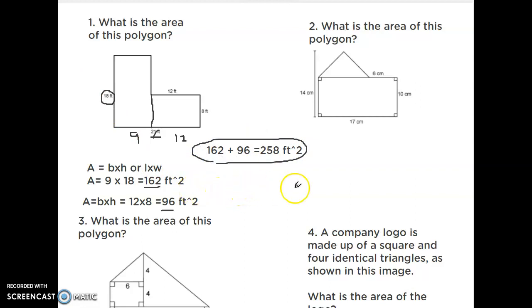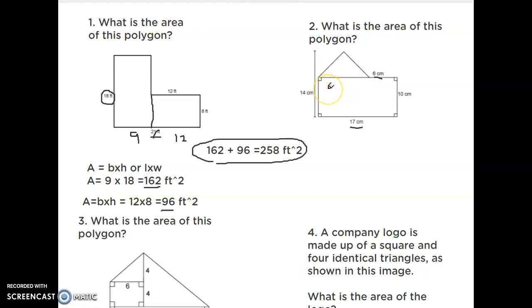All right, let's look at number 2. Number 2 says, what is the area of this polygon? For this one, we have a rectangle and a triangle. For a triangle, you have to have your base and your height. This whole thing here is 17, and this is 6.